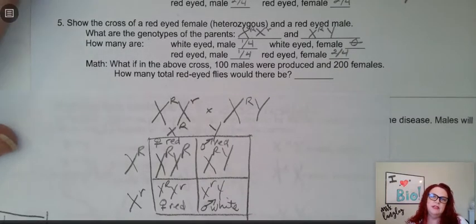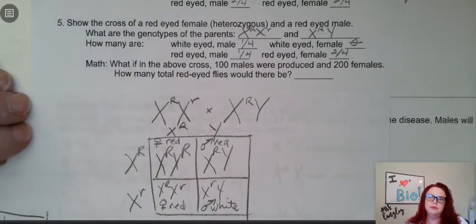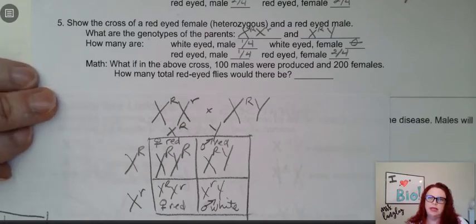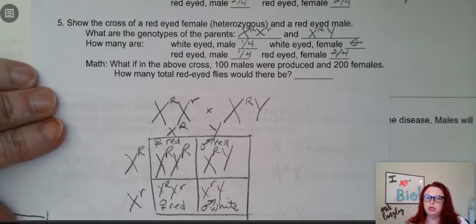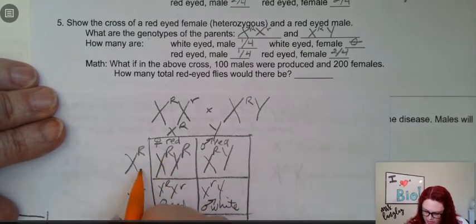What if in this cross 100 males were produced and 200 females? Okay. How many total red-eyed flies would there be? So if we had 200 females, we could expect that to be divided by these 2 boxes. That would mean I'd have 100 like this and 100 like this.